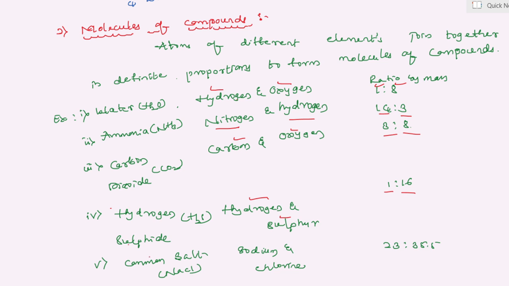And common salt, sodium chloride, is a combination of two elements, sodium and chlorine. Ratio by mass is 23:35.5.